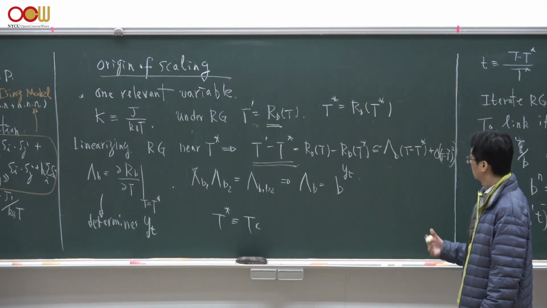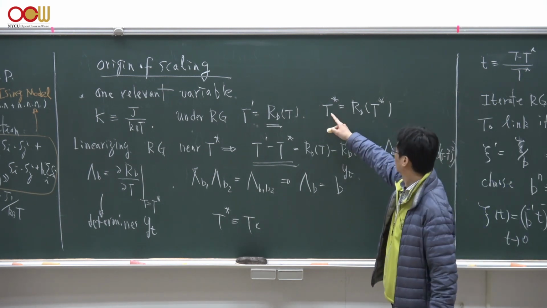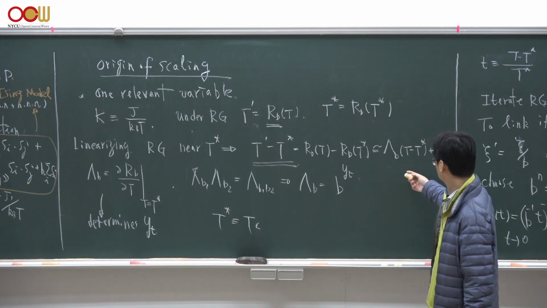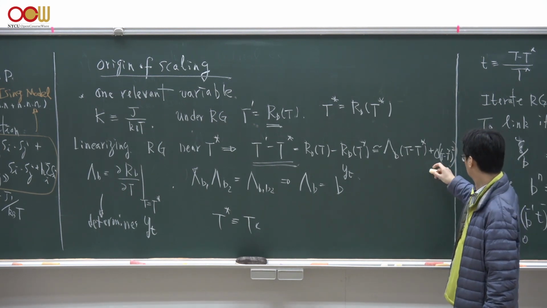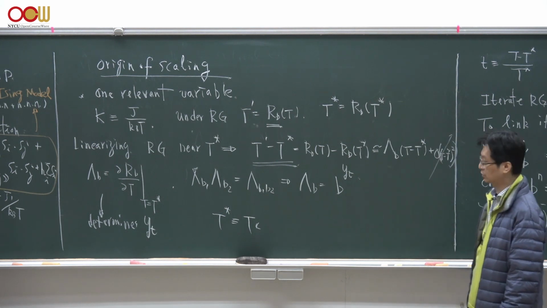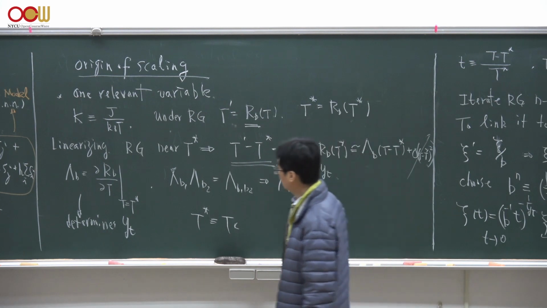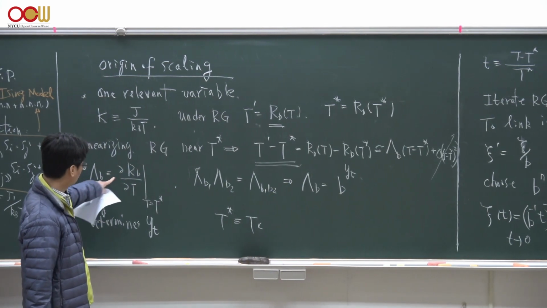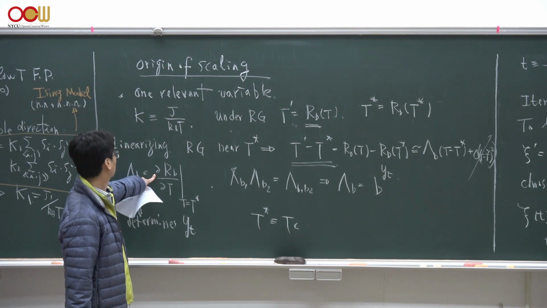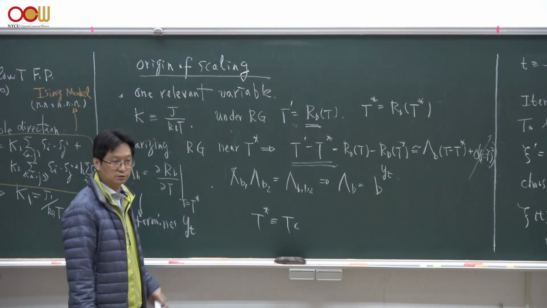We consider a temperature very close to T star, so we just Taylor expand up to linear order in T minus T star and ignore the higher order contributions. This lambda_b is nothing but the eigenvalue that we just defined, which in the single variable case is just the partial of R_b with respect to T, evaluated at T equals T star.